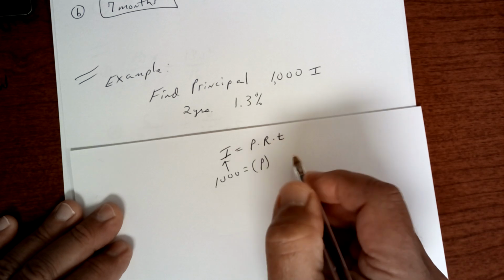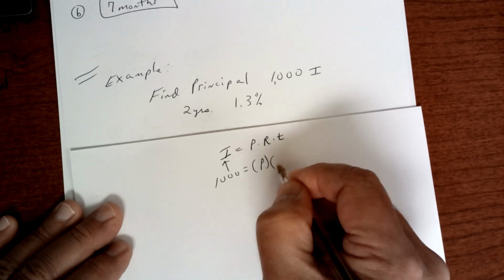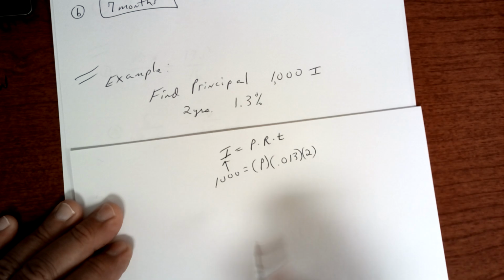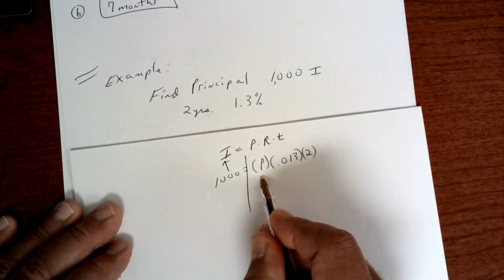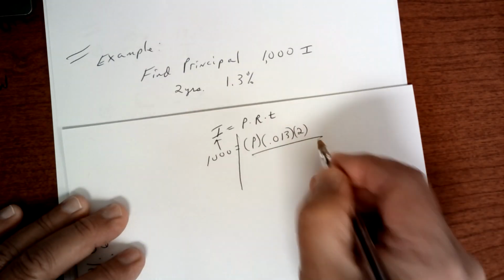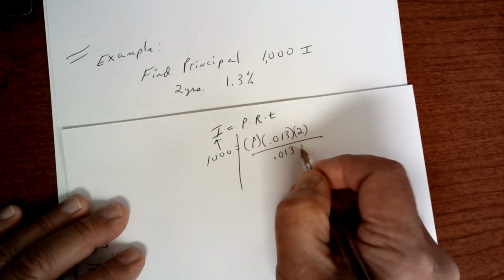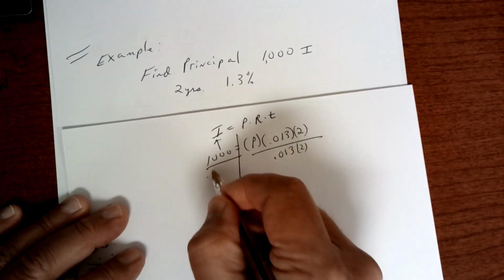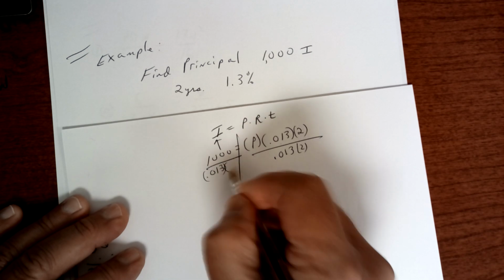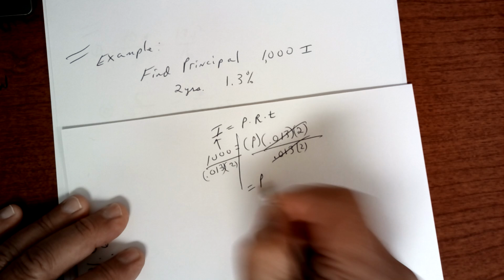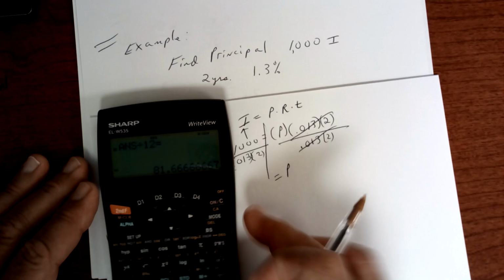The rate is 0.013, and the time is 2 years. So you got to solve this equation for P. And to do that, all you do is divide by this. This cancels. So the principal, how much money you actually put down or borrowed, would be this.